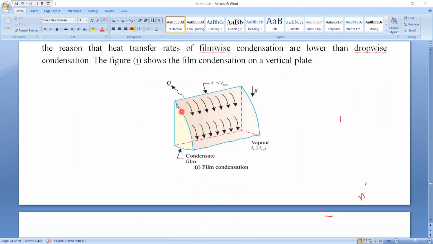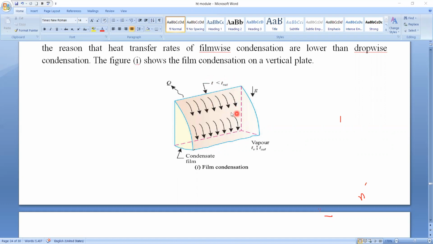You can see here, this is a plate and the surface temperature of the plate is Ts, and when this plate comes into contact with the vapor whose temperature is Tsat, the saturation temperature, and initially we are assuming the surface temperature Ts is less than the saturation temperature of water vapor.